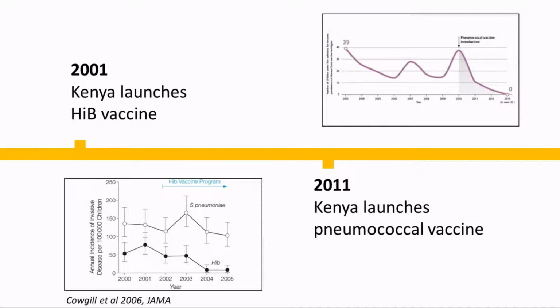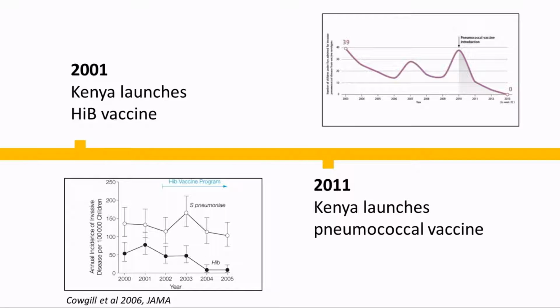But over time, some things have changed, and these things are believed to have influenced the overall etiology of what we term as pneumonia. So for starters, Kenya and many countries have introduced the vaccine against Haemophilus influenzae and pneumococcus as well.